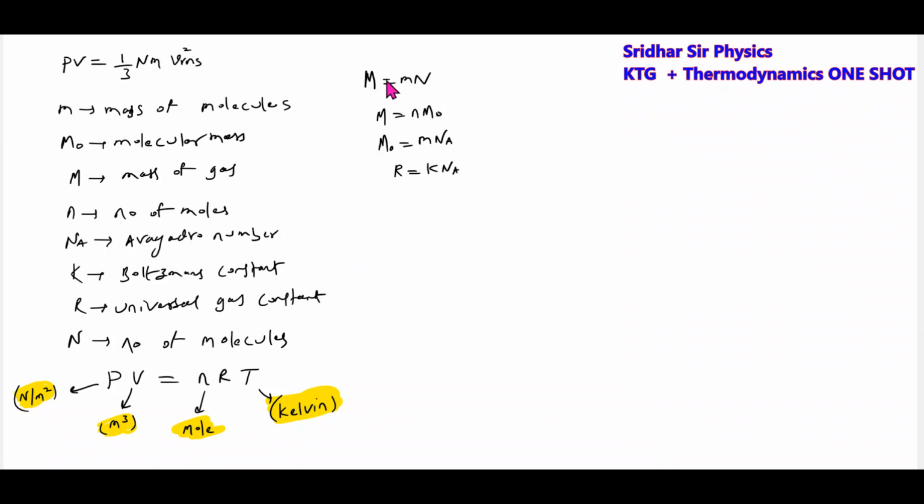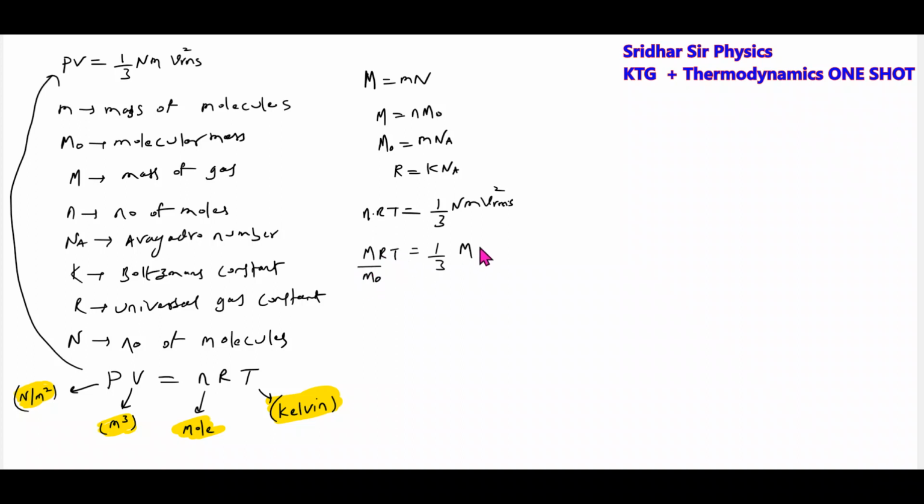And these are some relations between the quantities. Now from this ideal gas equation, I'll substitute here. This will become nRT equals 1 by 3 N m V rms square. So in this nRT, what is n? Capital N we can write as small n into small m. This will become the mass of gas, and the number of moles we can write as mass by molecular mass.